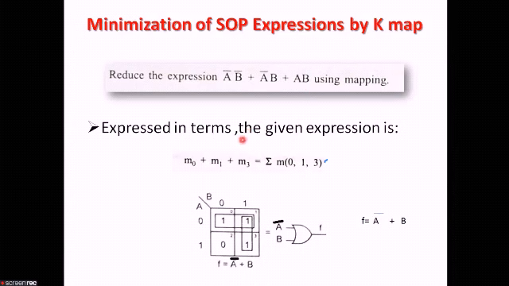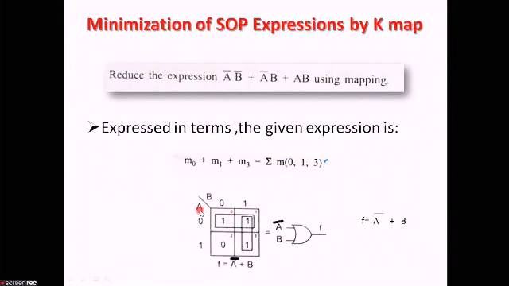So just see here, this is expressed in terms of min term 0 plus min term 1 and min term 3. So write it in the form of summation m, in brackets 0, 1 and 3. And we will be applying it here.